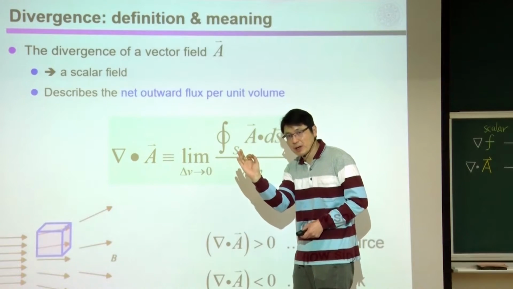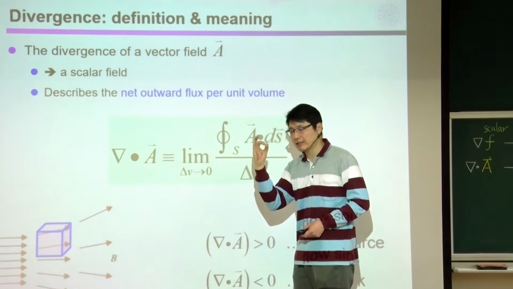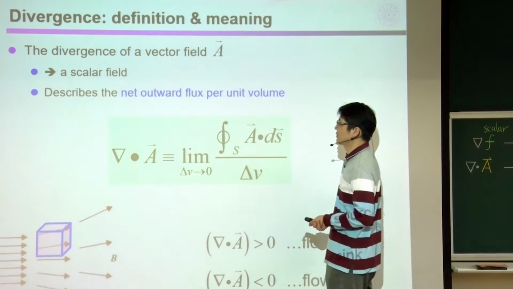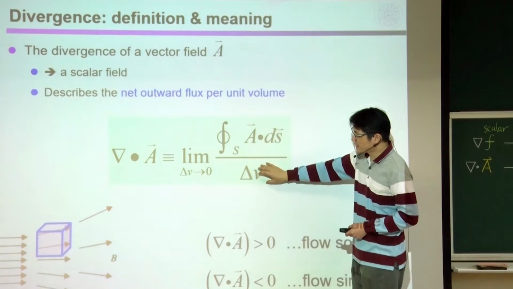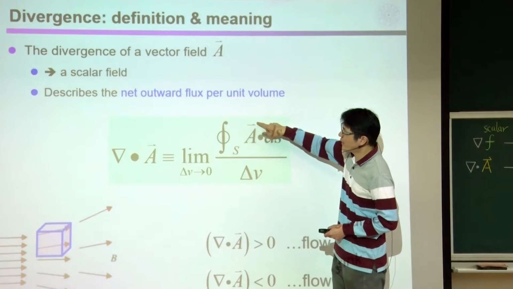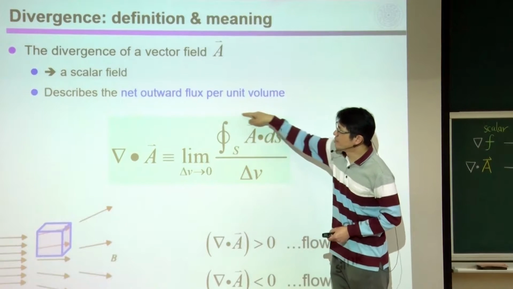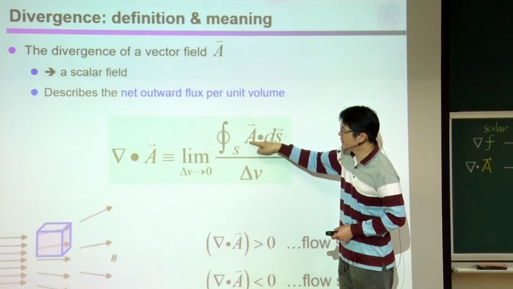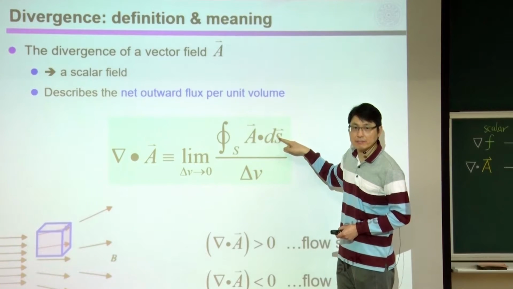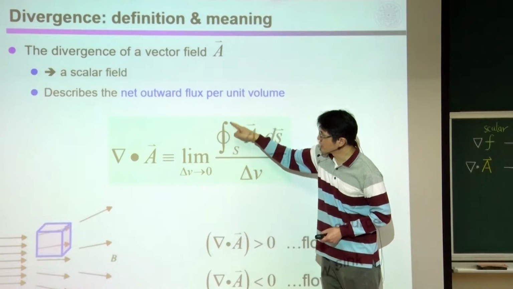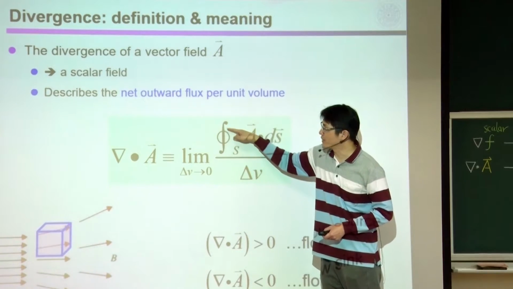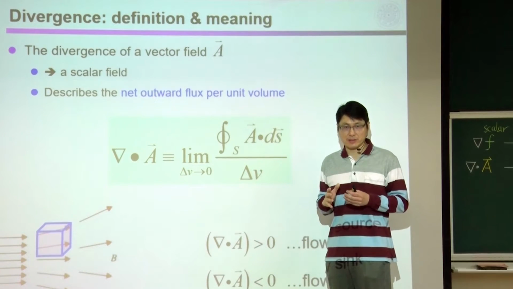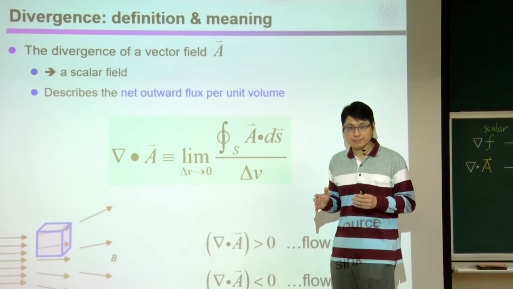So in a very small three-dimensional structure, it has a lot of surfaces. Within this very small volume, I'm trying to calculate the net outward flow of that field on all surfaces. All the surfaces are included by this integration sign with a closed circle, meaning I have to calculate all the flows on the surfaces.